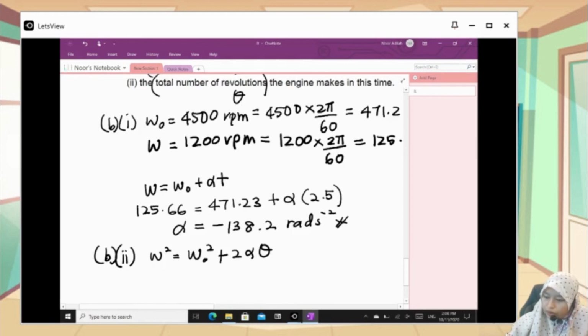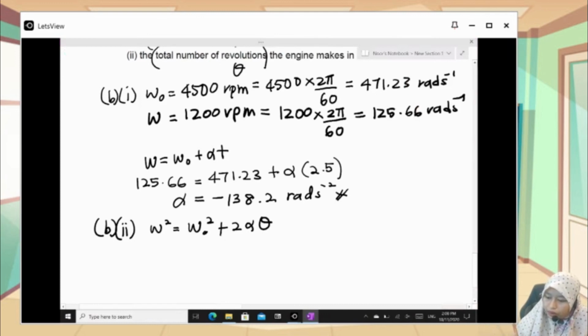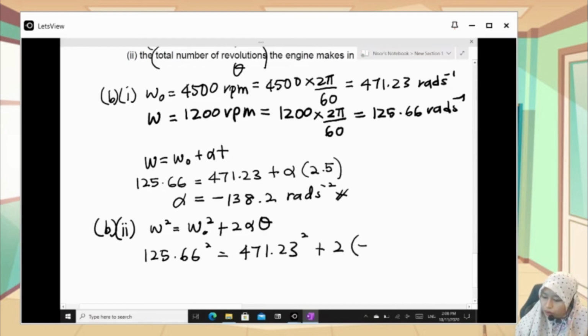Omega is 125.66 squared, omega naught is 471.23 squared, plus 2 alpha is negative 138.2, and then theta we want to find. So theta is 125.66 squared minus 471.23 squared divided by 2 times negative 138.2.